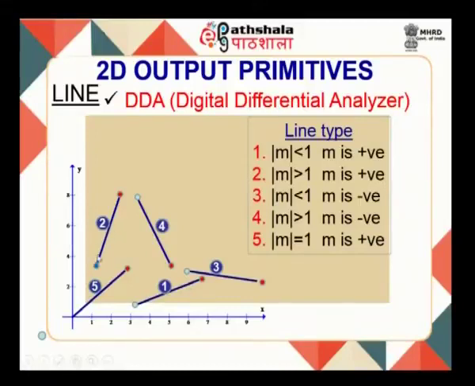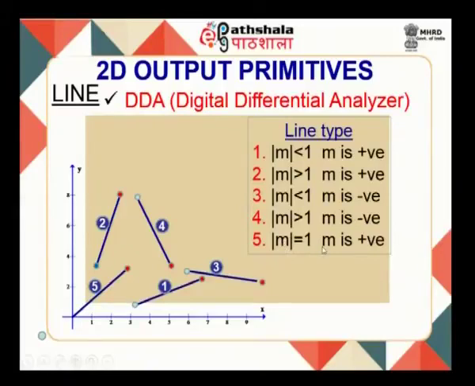In line type 2, you can observe that the line is more inclined towards the y axis. Line type 3 is also more inclined towards the x axis. Line type 4 is similar to line type 2, inclined towards the y axis, and line type 5 is a line whose slope is exactly equal to 1.